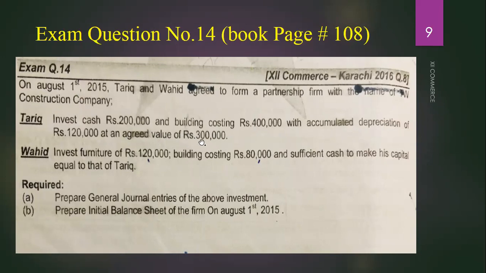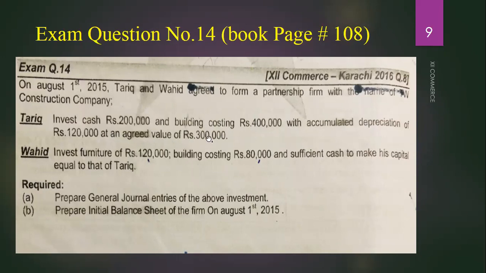As in the previous lecture, when we have two values of the same account, like building cost 400, accumulated depreciation 120 and agreed at 300,000, you have the value of the building 400,000 and also 300,000. But here you have to ignore the previously recorded values and only consider the agreed values.